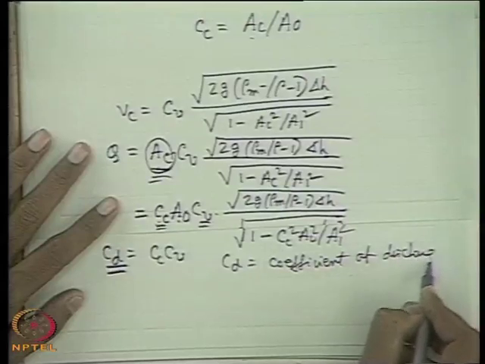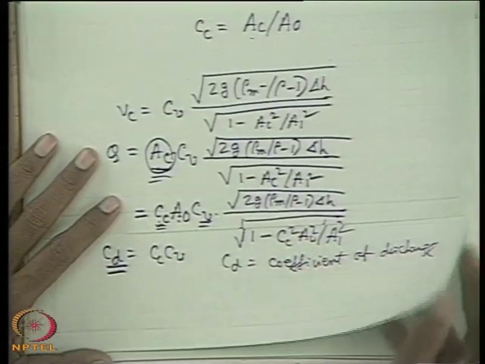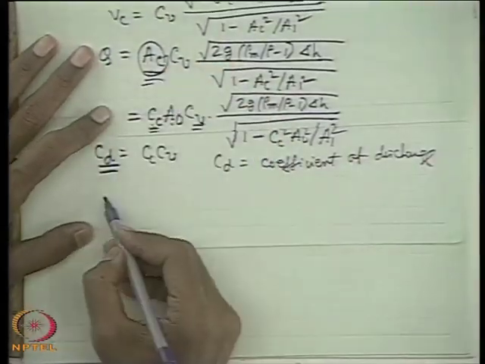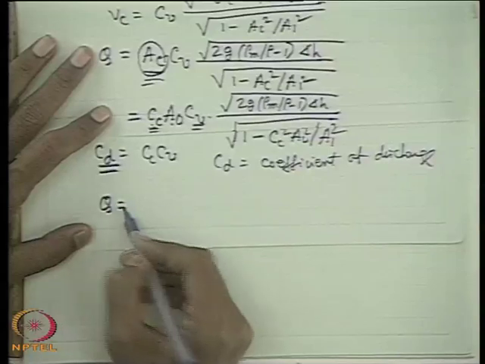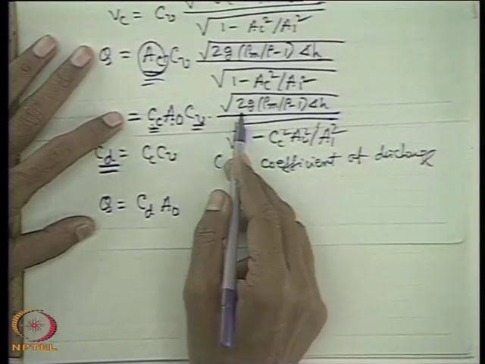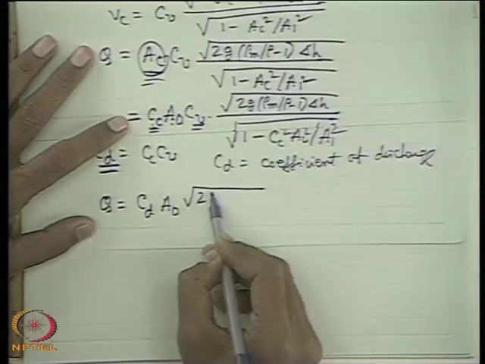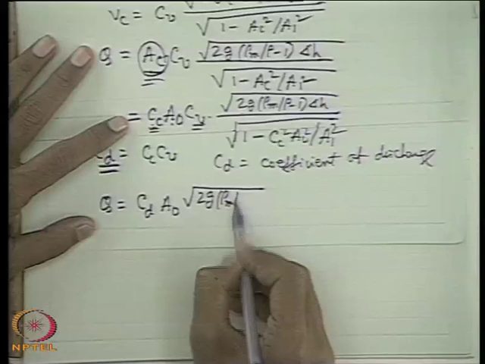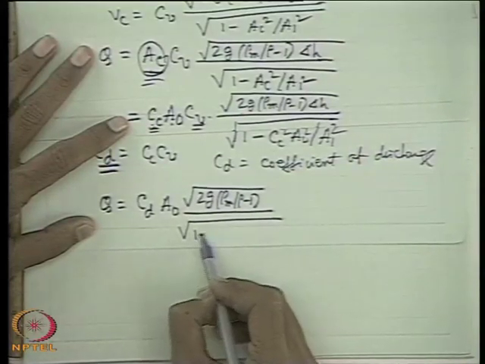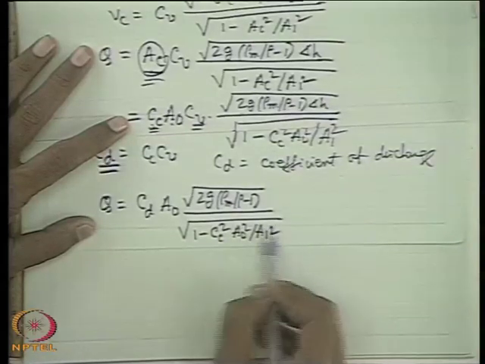So if I write this with Cd, then Q is equal to Cd A0 into root over 2g divided by root over 1 minus Cc square A0 square by A1 square.